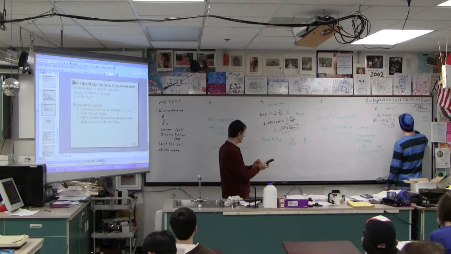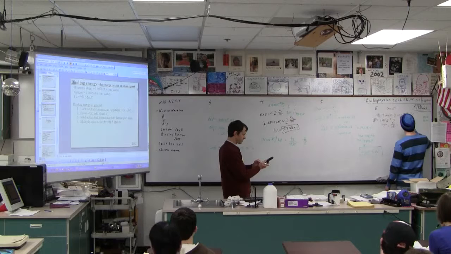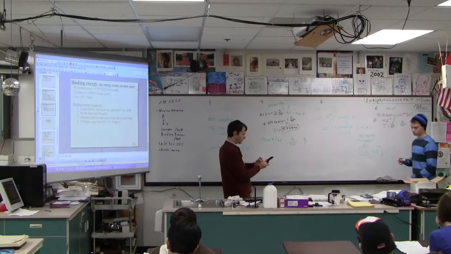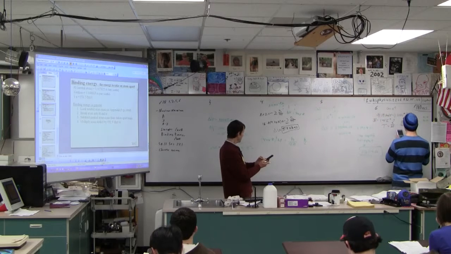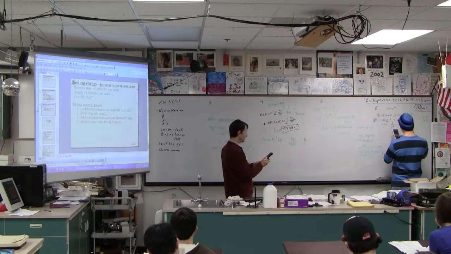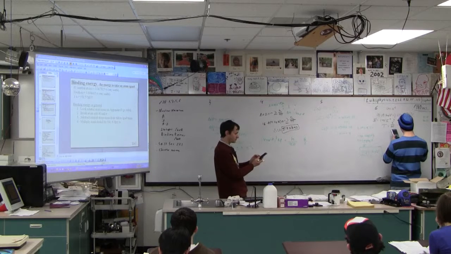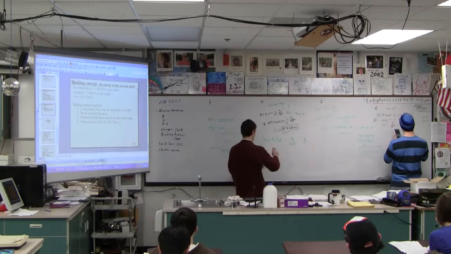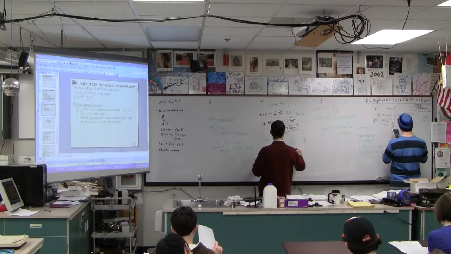So I'm going to go 6.626 times 10 to the minus 34 divided by 4 divided by pi divided by 4 times 10 to the minus 8th. I'm getting 1.318 times 10 to the minus 27th, and that's kilogram meters per second.